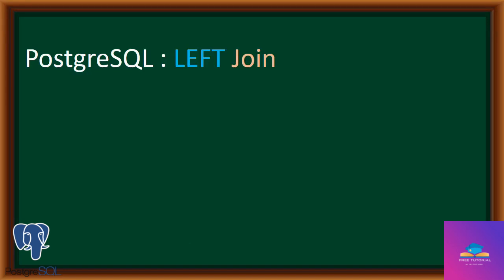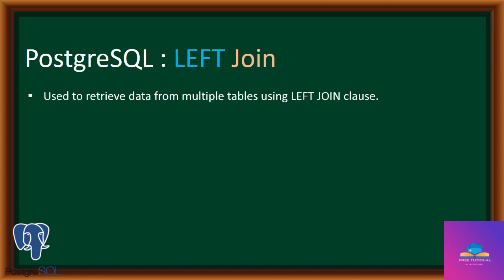Hello and welcome to this lecture. In this lecture, you will learn how to use the Postgres LEFT JOIN clause to select data from multiple tables. When you use the LEFT JOIN clause, it will return all the records from the left table in the join, and also any records that have been matched from the right table.